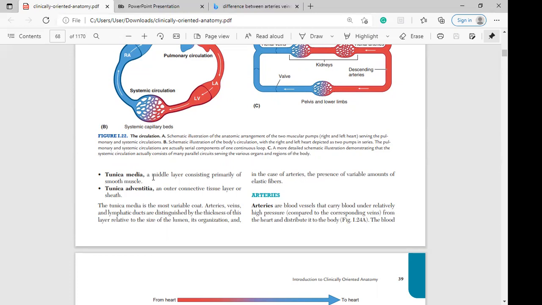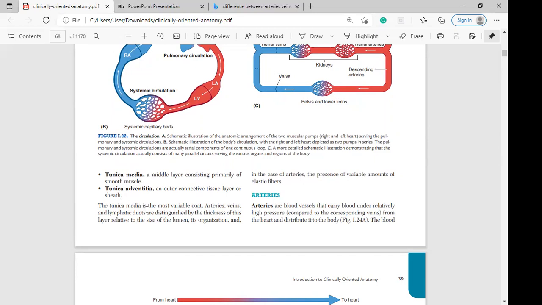It is the connective tissue layer or sheath for protection. So that is what you need to know. Three layers: tunica intima, the innermost; tunica media, the middle; and tunica adventitia, the outermost. Capillaries only contain the tunica intima and a basement membrane.